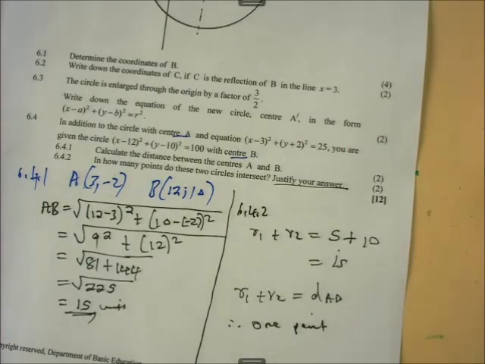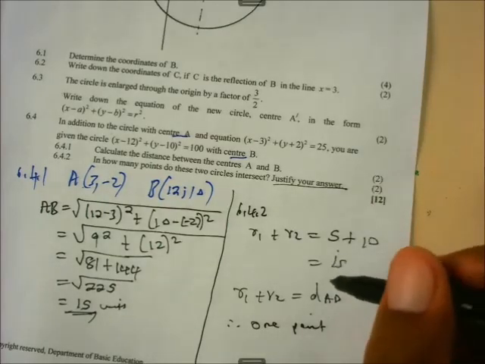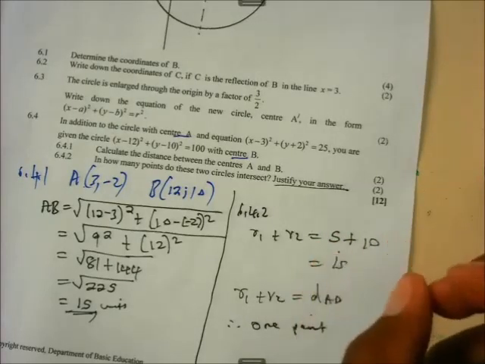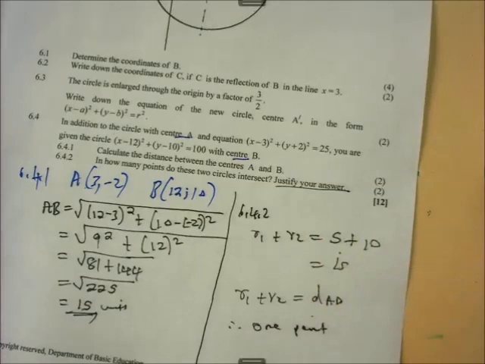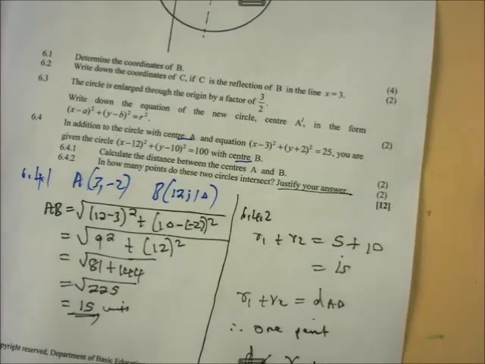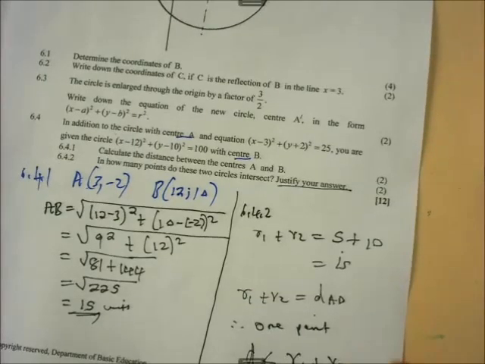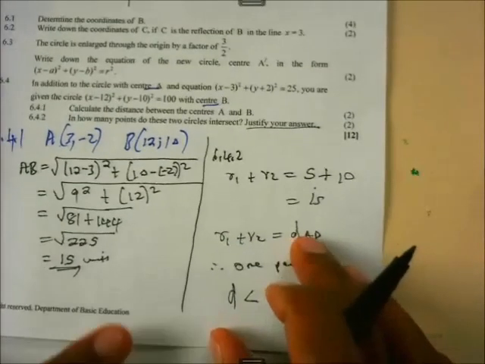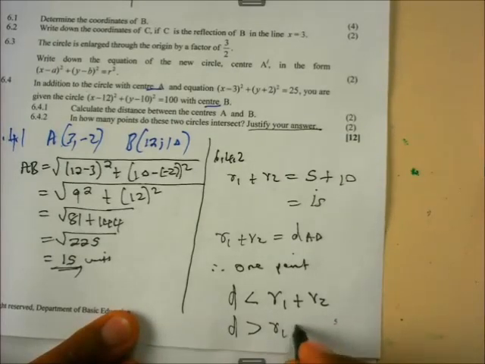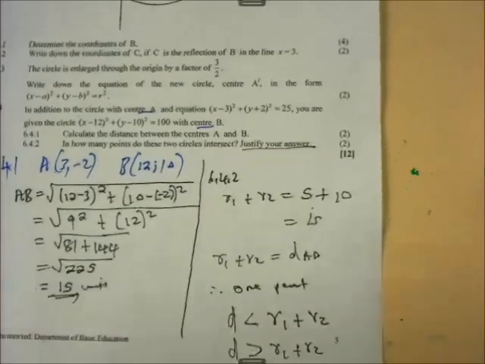It is very important. Remember, they can also ask you the same question where you find that the distance is greater than the sum of the two radii, or the distance is less than the sum of the two radii. If the distance is less than R1 plus R2, then the two circles will intersect at 2 points. But if the distance is greater than R1 plus R2, of course there is no intersection between the two circles.